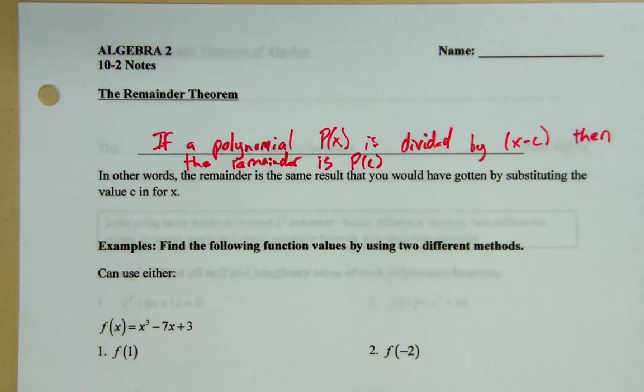In other words, the remainder is the same result you get from synthetically dividing as if you were to just substitute c in.